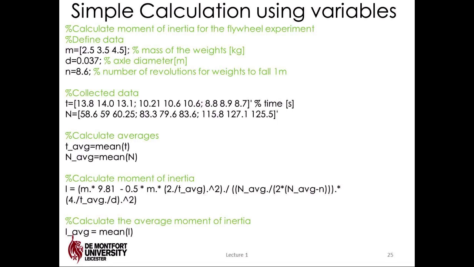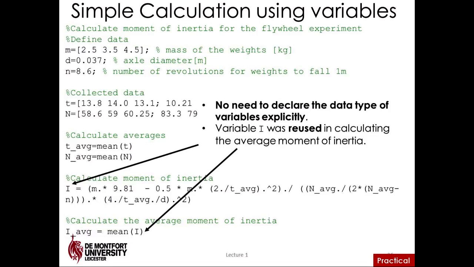What I want to highlight here is that you do not need to declare the data type because, as I mentioned previously, MATLAB will automatically determine the data type. In this case, this is a numerical value, so the default data type will be double precision, a floating point number.